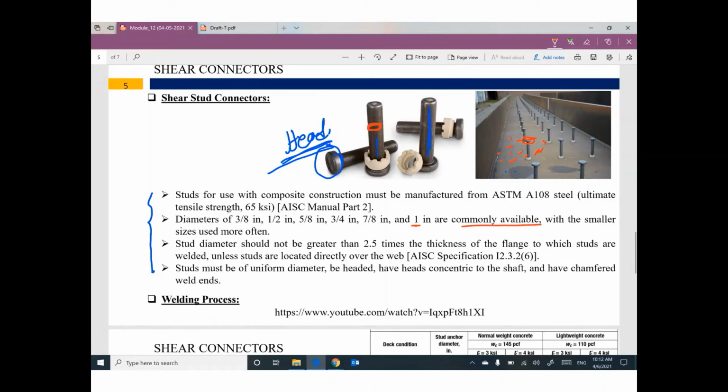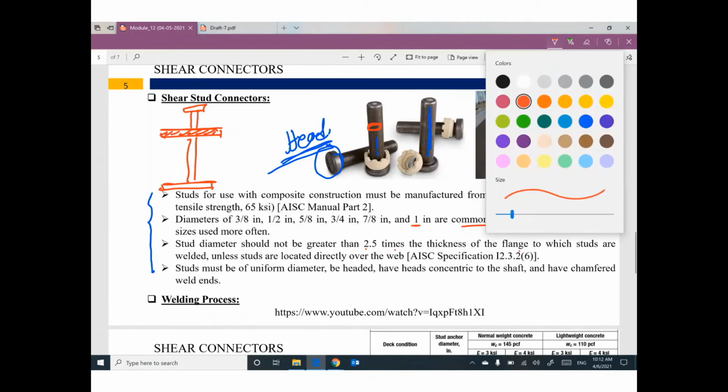Stud diameter shouldn't be greater than 2.5 times the thickness of the flange to which studs are welded. This steel beam has a flange, and the shear connector will be welded to this flange.